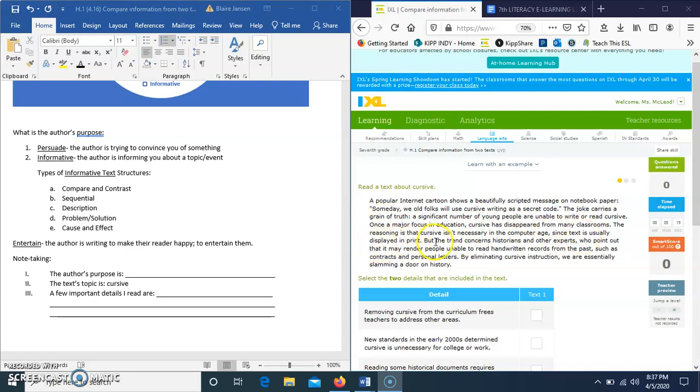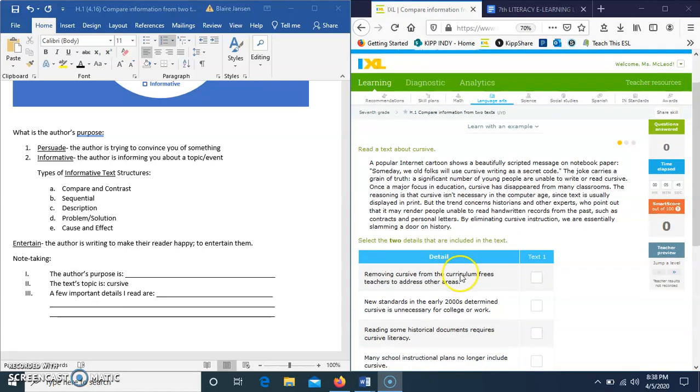The reasoning is that cursive isn't necessary in the computer age, since text is displayed in print. But the trend concerns historians and other experts who point out that it may render people unable to read handwritten records from the past, such as contracts and personal letters. By eliminating cursive instruction, we are essentially slamming a door on history.